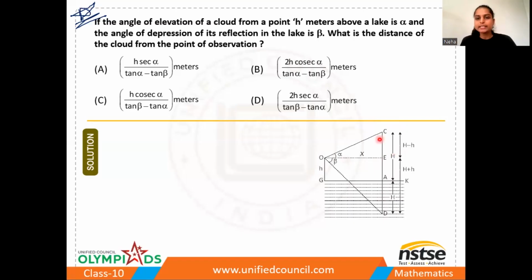So AC is capital H and AE is small h. So what about the CE? It is capital H minus small h, right? Perfect. Now, students, what about the ED then? Basically, AD is capital H and AE is small h. So ED is capital H plus small h.